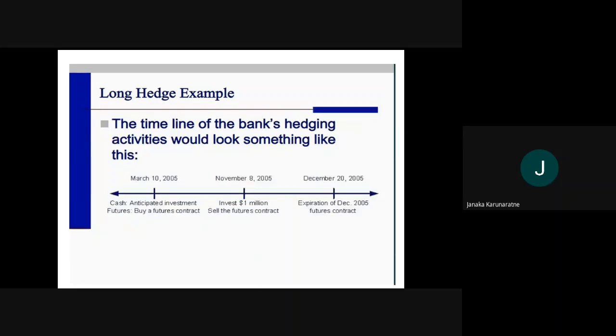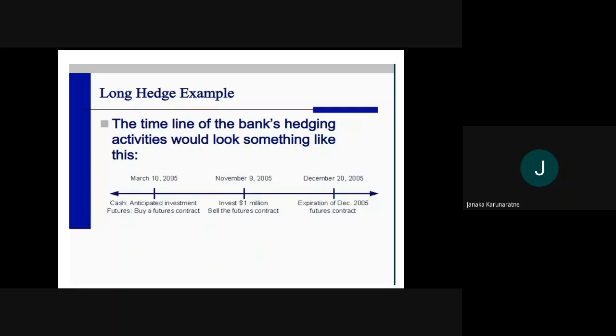Okay, so it's the graph for the example. So you buy a futures contract today, probably your investment will start in November. So you will find the expiration date close to your investment date, very much closer. It's available in December. So your futures contract will expire in December.